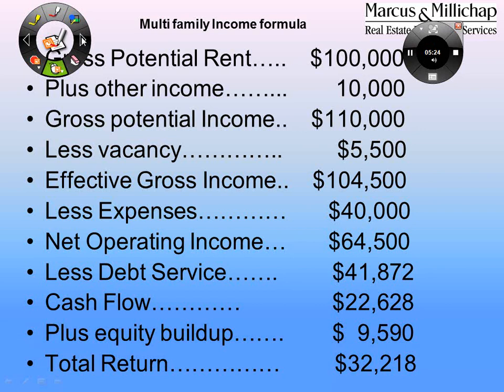Equity buildup and total return aren't really discussed that much in the valuation process because it's not really cash in your pocket unless you refinance or if you sell the property. But it's still an important part of the income formula.